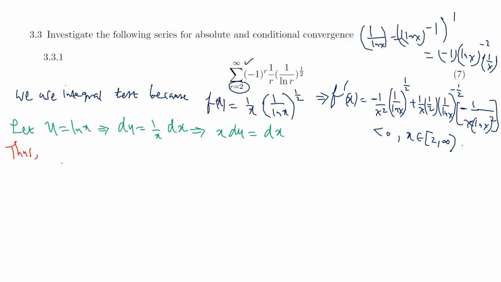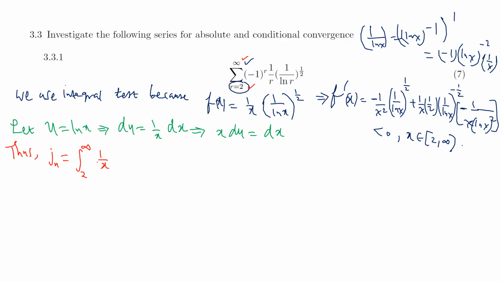Thus, we use the notation Jn, which is equal to the integral from 2 to infinity of the function 1 over x. So you don't put the -1 there.